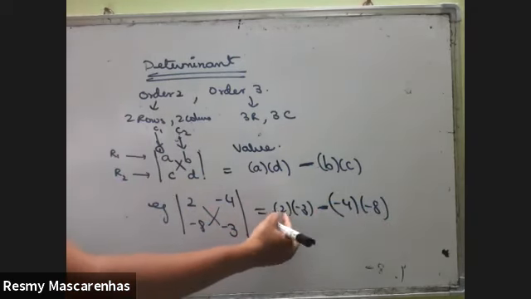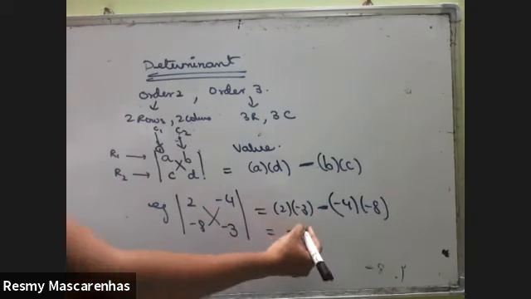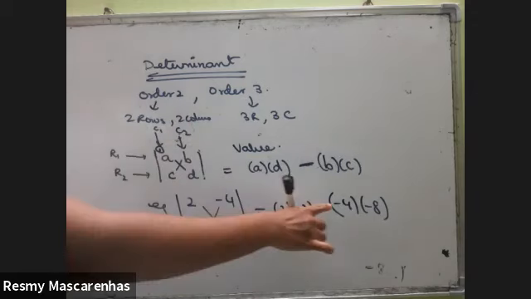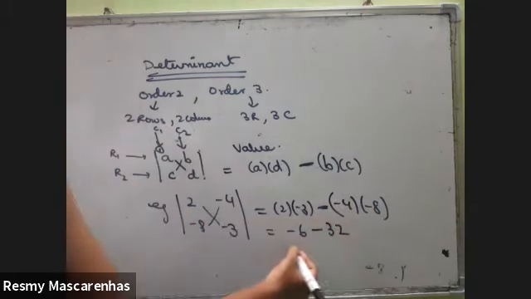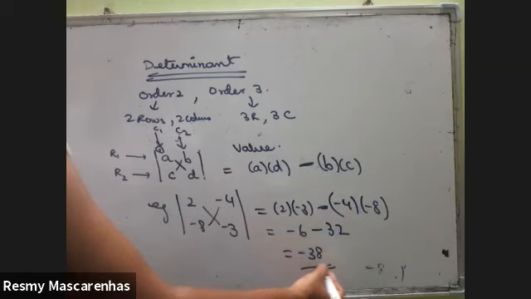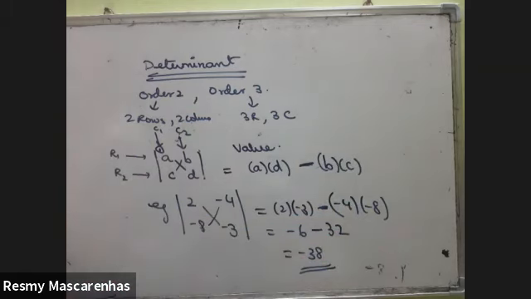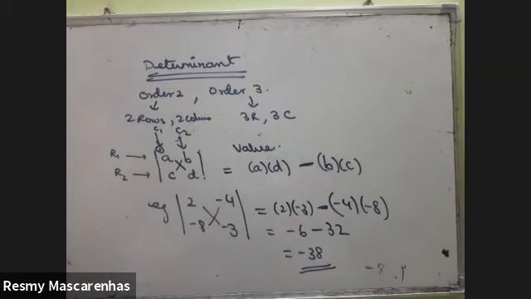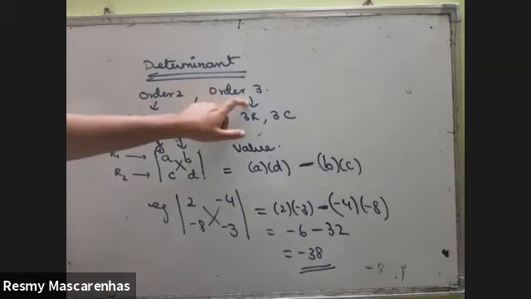So answer will be minus 6. Now minus into minus into minus overall will give me minus because there are 3 minus signs. And 8 4s are 32. Minus 38 will be my answer. This is how you have to solve. Middle sign always minus. Anyone having doubts in solving second order determinant, you can ask. Now, if you have understood this, then we'll move on to order 3, which we actually need for vectors.